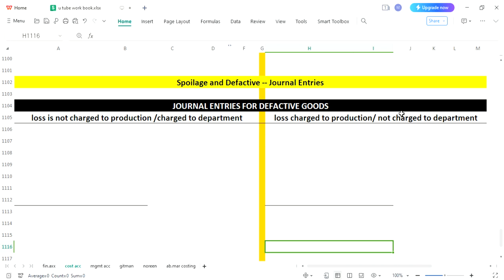Spoiled goods means you were manufacturing some products, during the process a product was damaged, and even after good care you were not able to make that product as a fresh product and concluded to sell it as B pair, with which there was a loss. As an example, you were making 10 chairs, and one chair was damaged during the process.